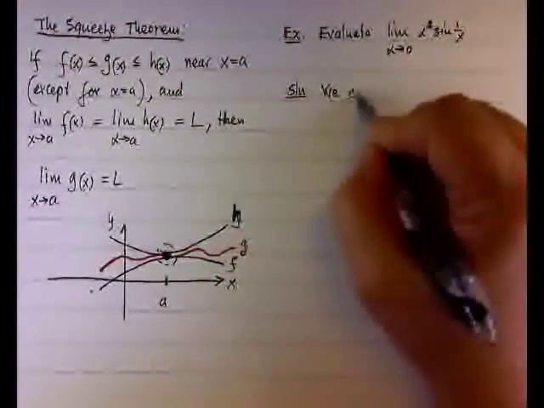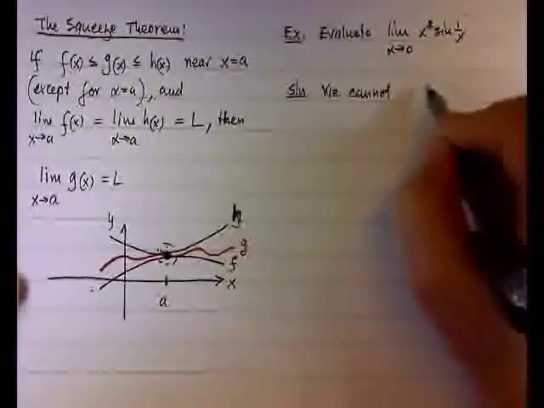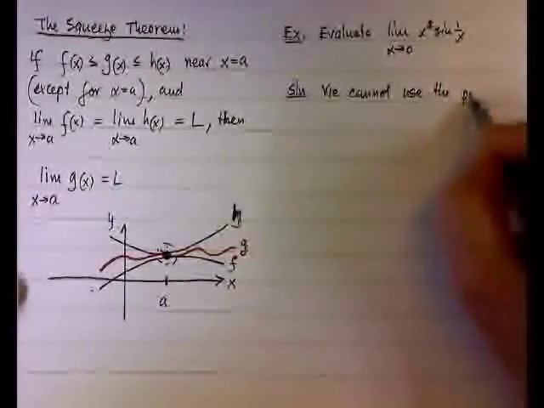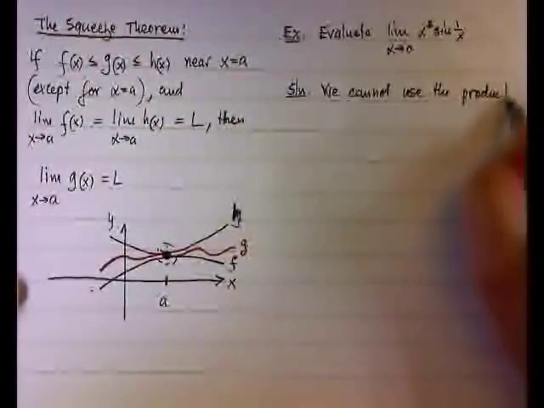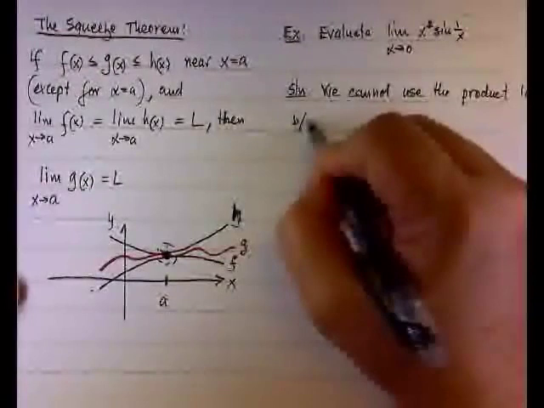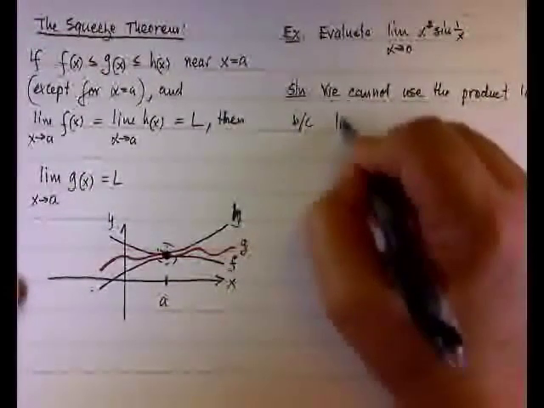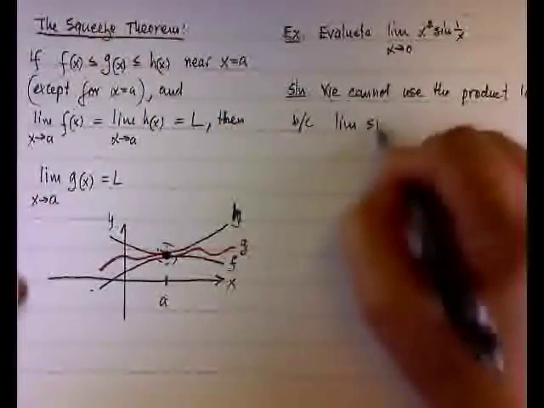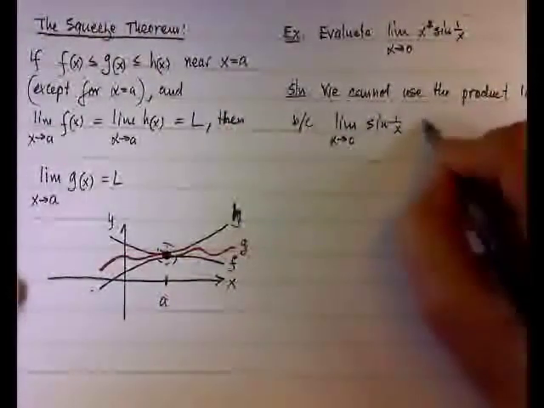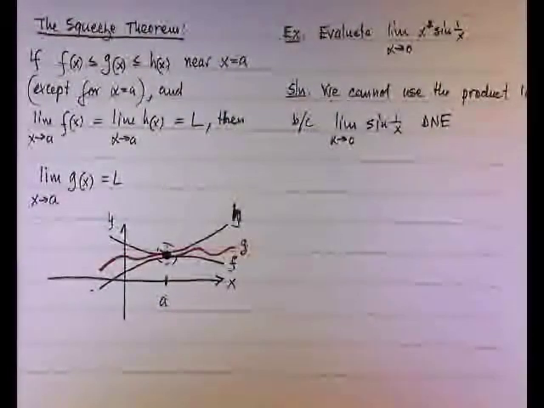So we'll write we cannot use the product law, because this limit does not exist. It's easy to see it.